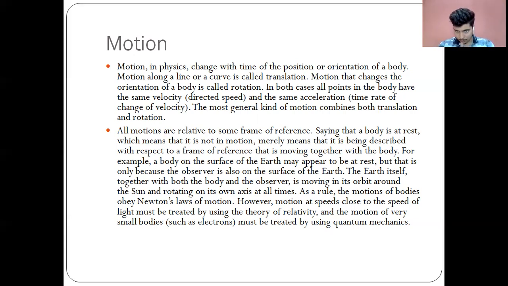As a rule, the motion of bodies obeys Newton's laws of motion. However, motion at speeds close to the speed of light must be treated using the theory of relativity, and the motion of very small bodies such as electrons must be treated using quantum mechanics. Quantum mechanics is very high level, so we are going to study that much later.